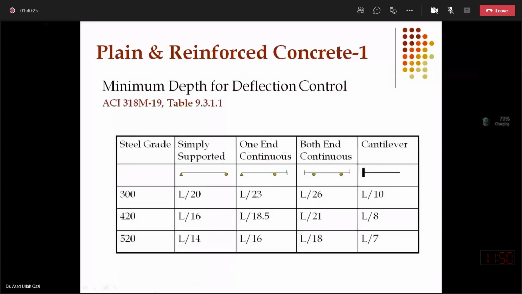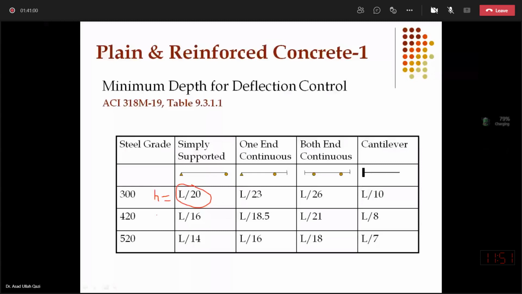And this table of ACI chapter 9 also reflects this, that when you want to decide the gross depth of the beam based on different end conditions, let's examine the simply supported, single span beam. When you have grade 300 steel, you are asked to fix the gross depth h to control the deflections to fulfill the serviceability requirements, that deflections are within limits.